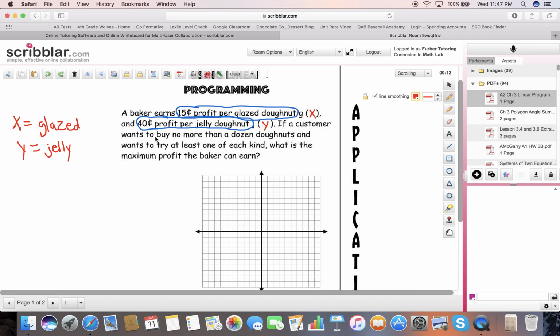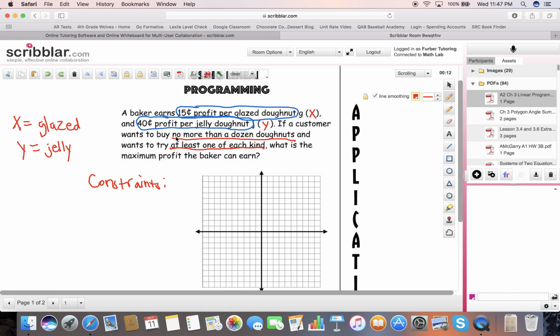It says if a customer wants to buy no more than a dozen donuts, that means that the baker is familiar with the fact that most customers buy a dozen or less. The other thing he's familiar with is that a lot of customers like to try at least one of each kind. So the baker's not really limiting himself. He's basing his limitations off of what he knows to be true about the customer. So these are our two things that we're going to form our constraints from.